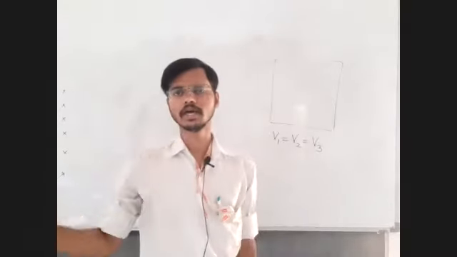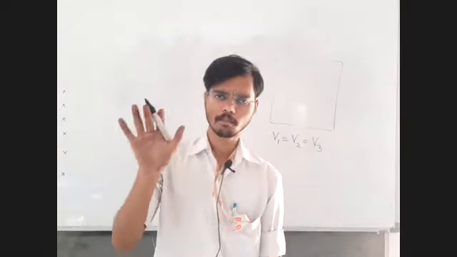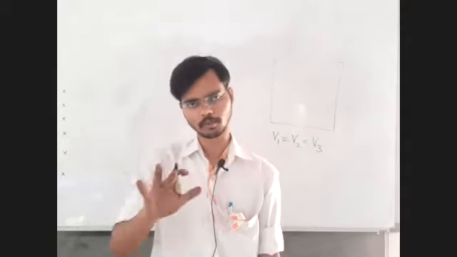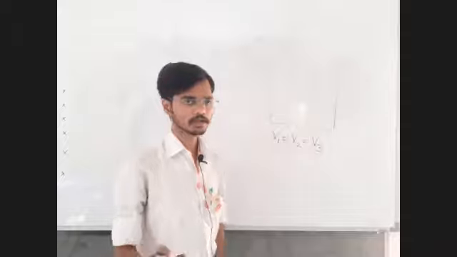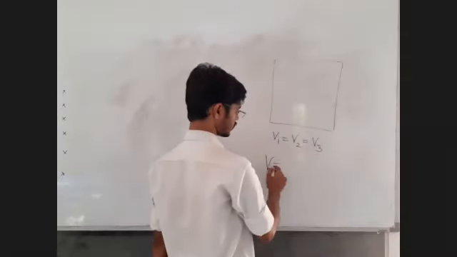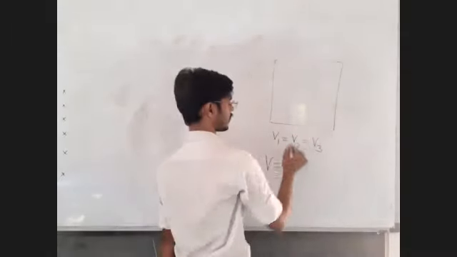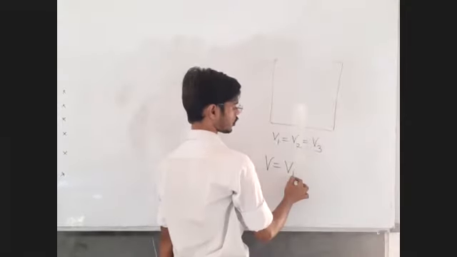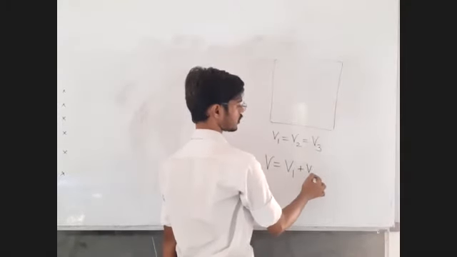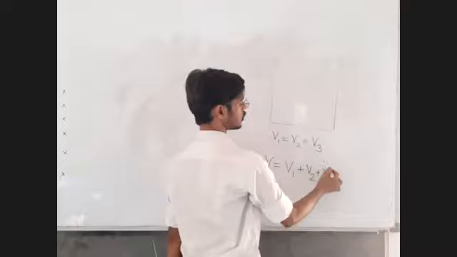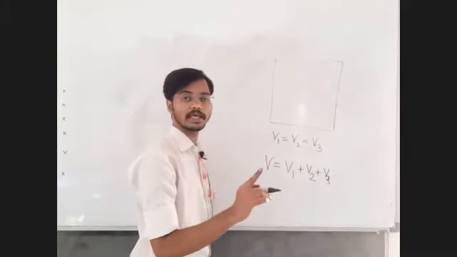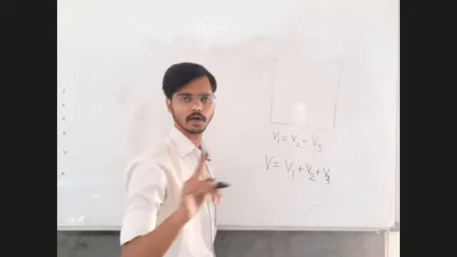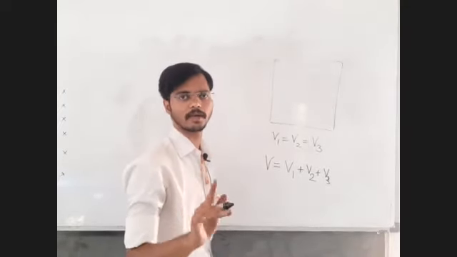So in this room, if there is oxygen and nitrogen, both will occupy the entire volume of the room. You cannot say the total volume of the container is equal to the volume occupied by the oxygen plus the volume occupied by the nitrogen plus the volume occupied by the hydrogen. No, all the gases will occupy the entire volume available to them.